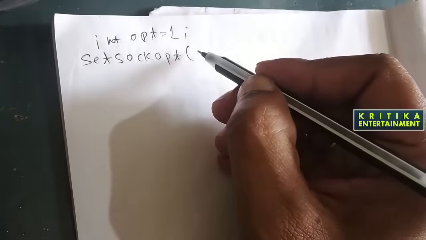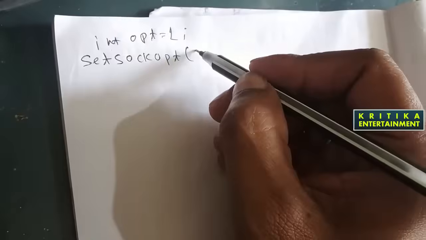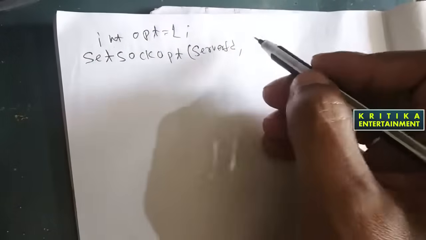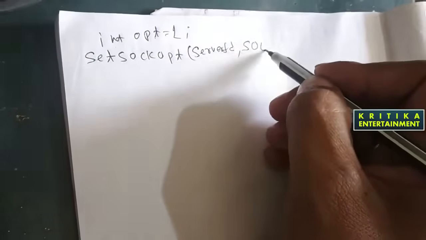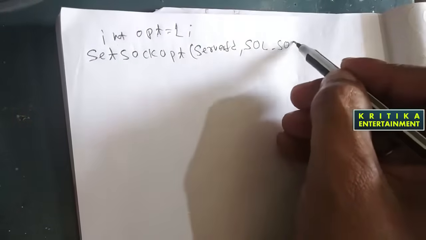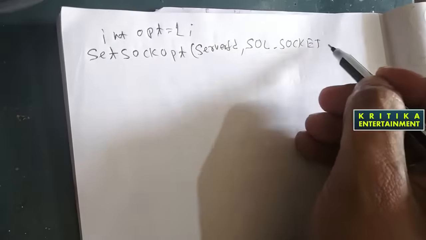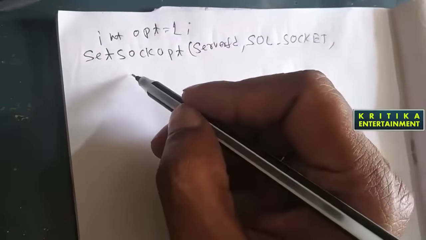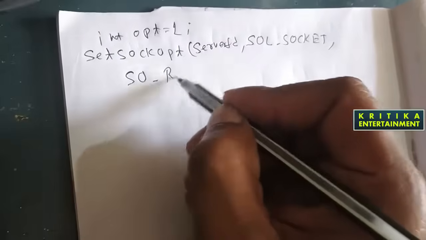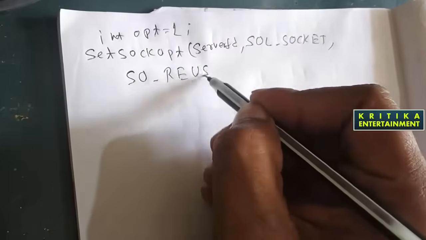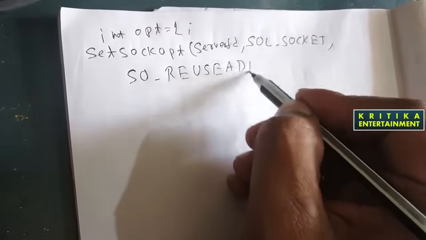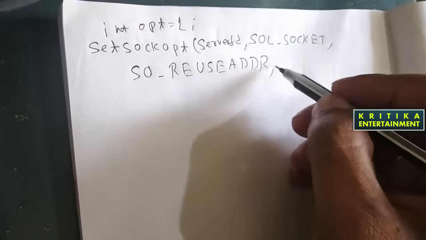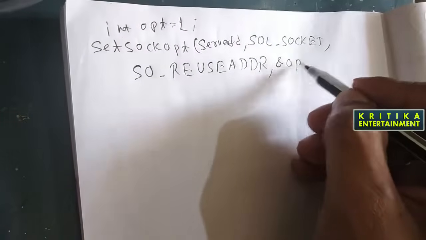This bind error always occurs on the server side, so you write server FD, then SOL_SOCKET, then SO_REUSEADDR to make your port reusable, and here write ampersand opt.